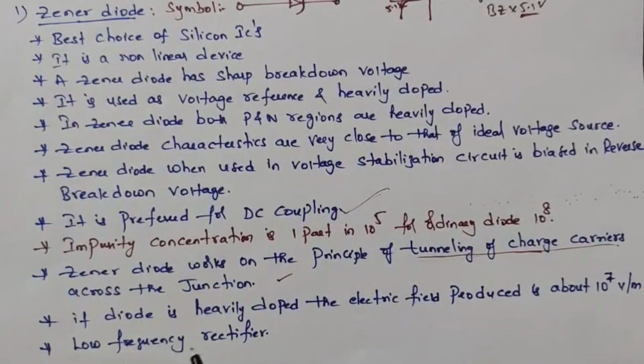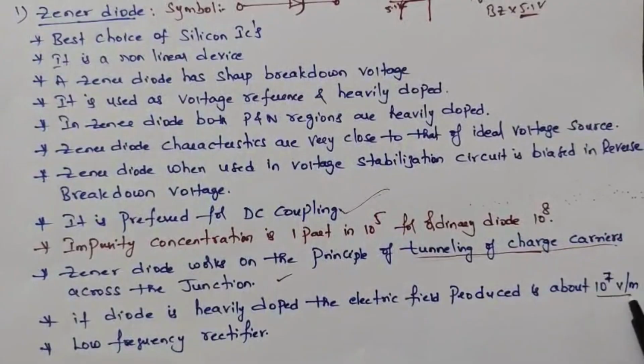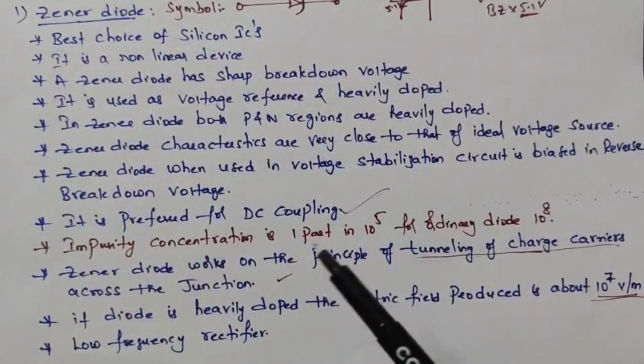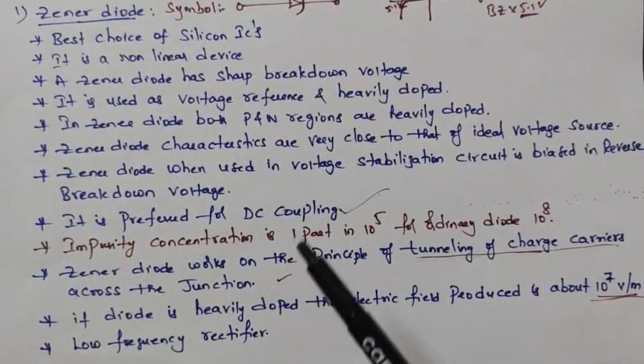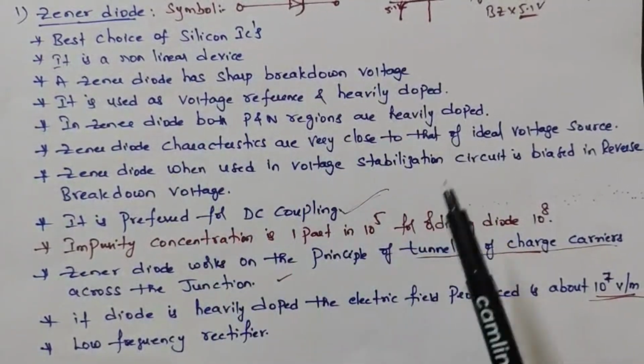And if the diode is heavily doped, the electric field produced is about how much? It is 10 power 7 volt per meter, and it is a low frequency rectifier. These all are the MCQs which were asked in the previous question papers. If you remember all these points, you will get the Zener diode concept.